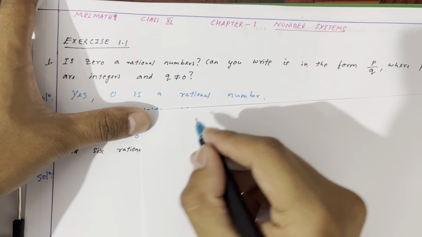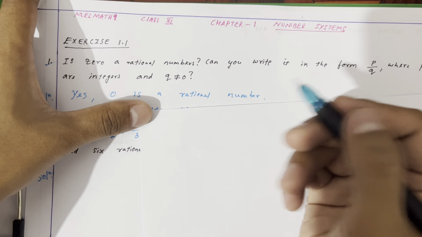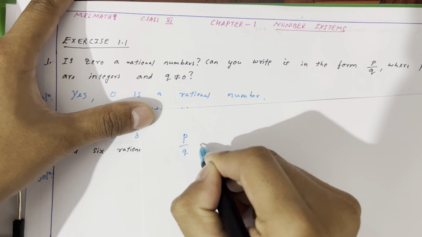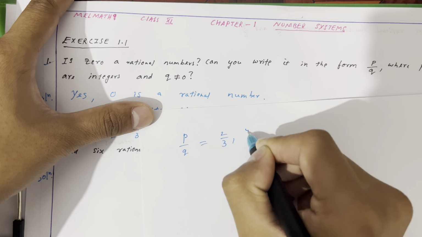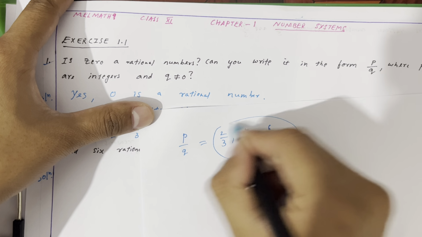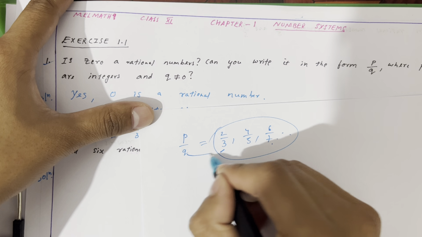Rational numbers are those numbers which can be written in the form p by q, so 2 by 3, 4 by 5, 6 by 7, all these are rational numbers because we can write them in the form p by q.